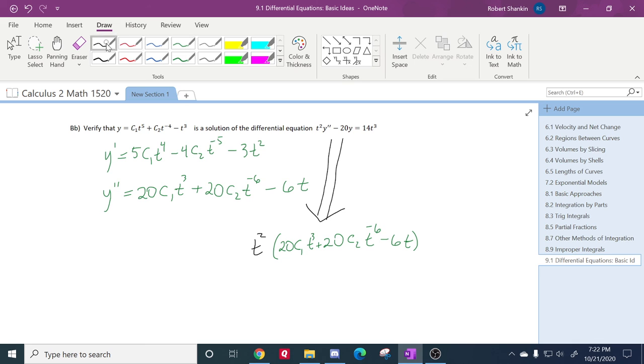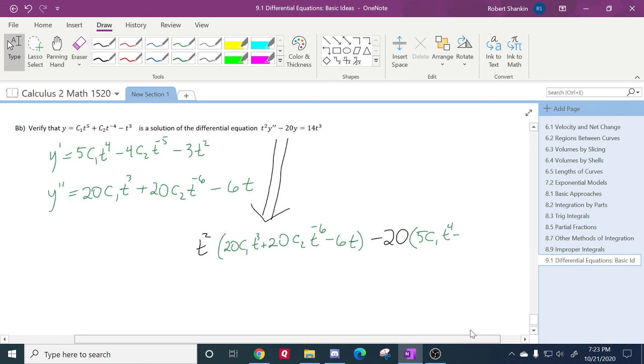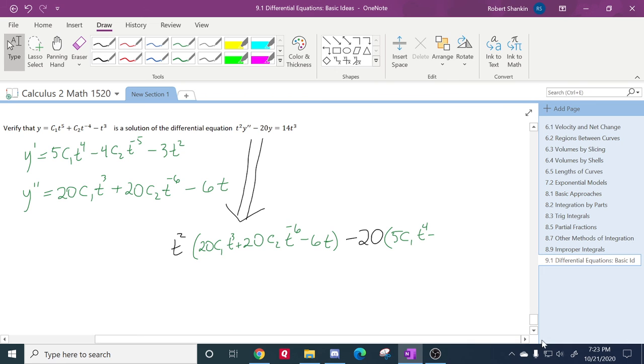Then minus 20 times the y, but the y is this. Equals 14t cubed.